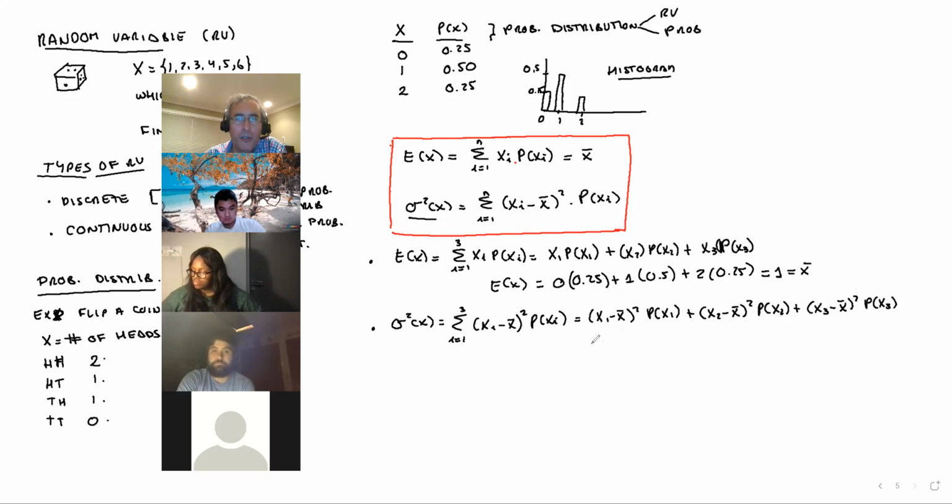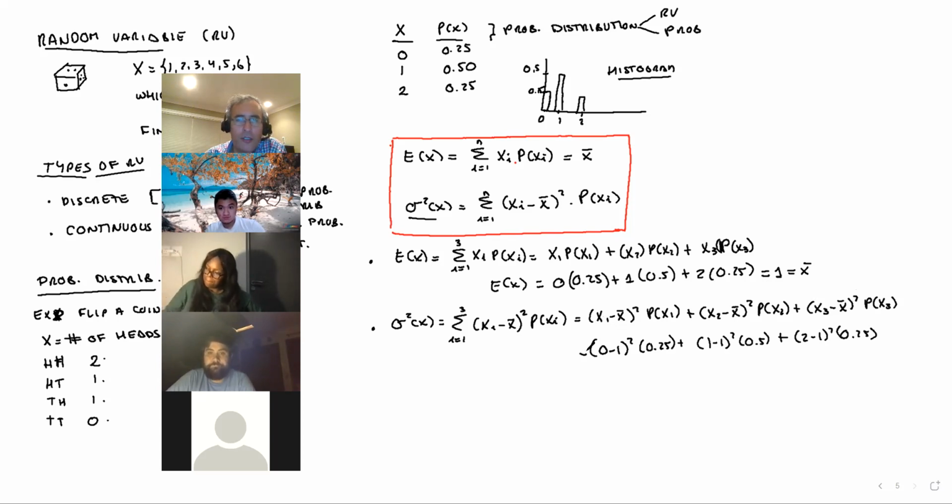We simply replace the values. This is going to be (0 minus 1) squared times 0.25 plus (1 minus 1) squared times 0.5 plus (2 minus 1) squared times 0.25, correct?